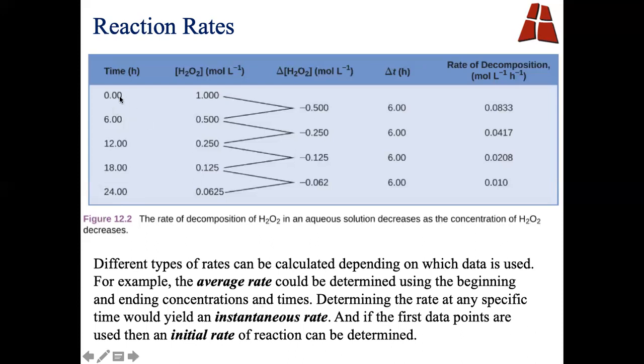The instantaneous rate could be between any 2 data points. So it could be between 0 and 6, or between 6 and 12, 12 and 18, any of those values. We could also calculate the initial rate, and that would be specifically the rate between 6 hours and time 0. Okay.